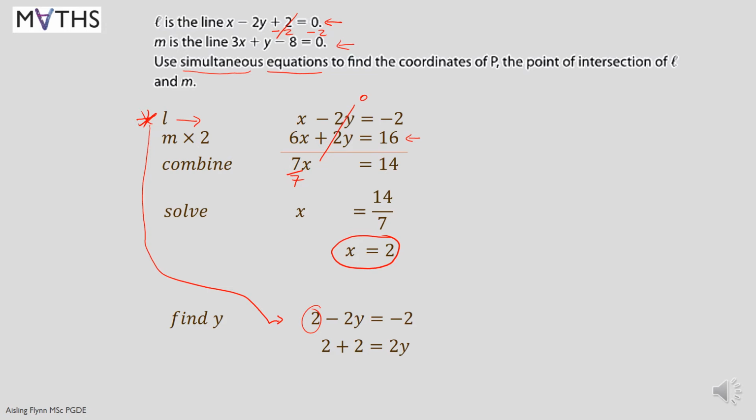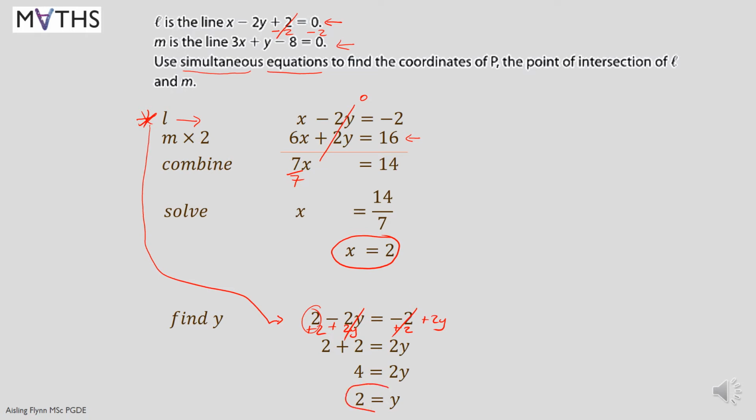What I did there actually was I put the y's on the right hand side and took the numbers from the left. And I get 2y equals 4. Just reading it from right to left, and divide both sides by 2, you get y equals 2.